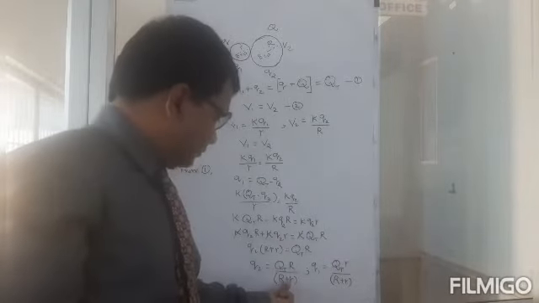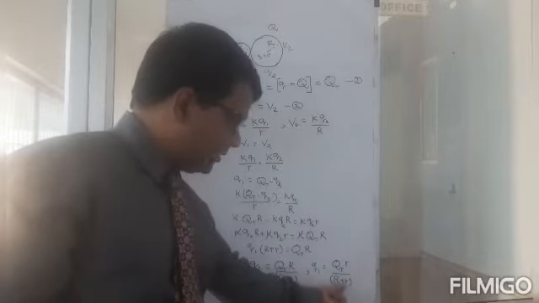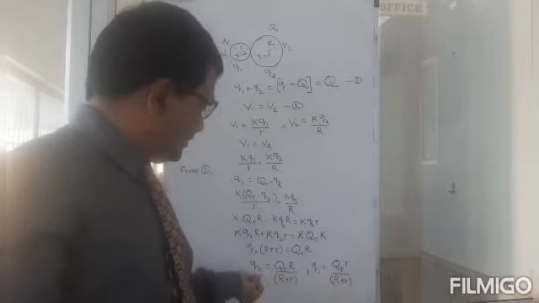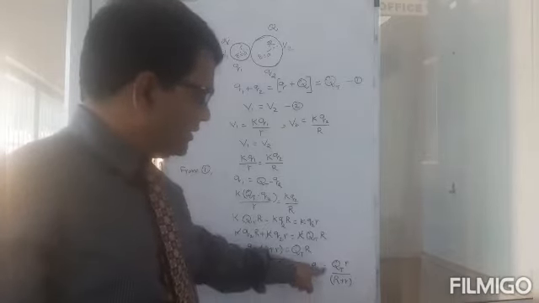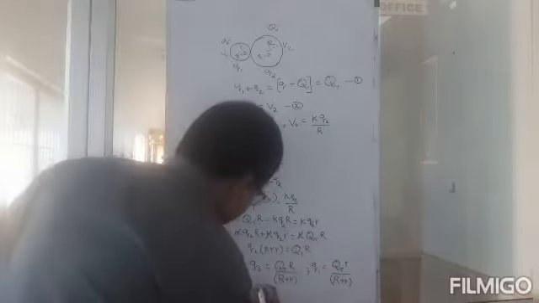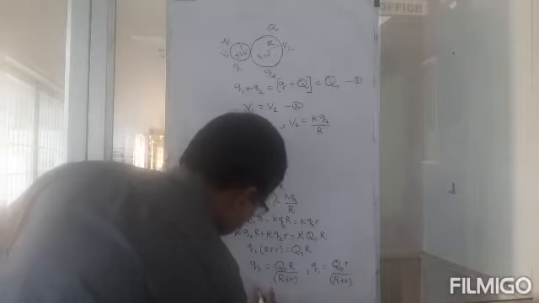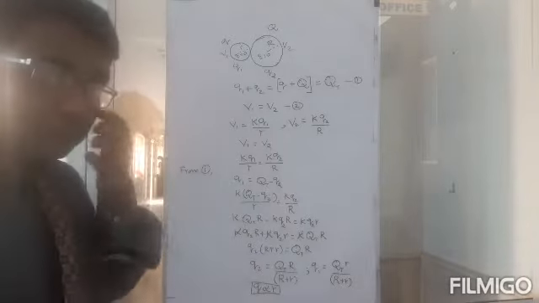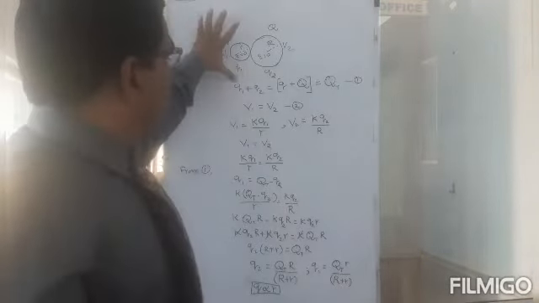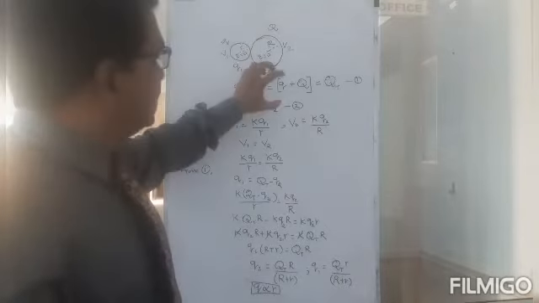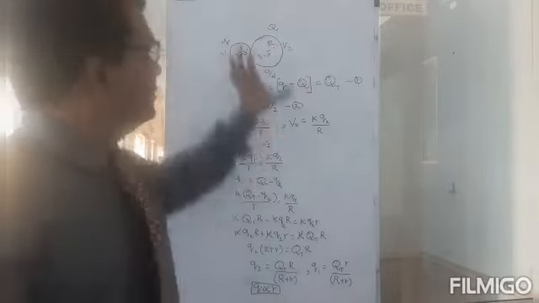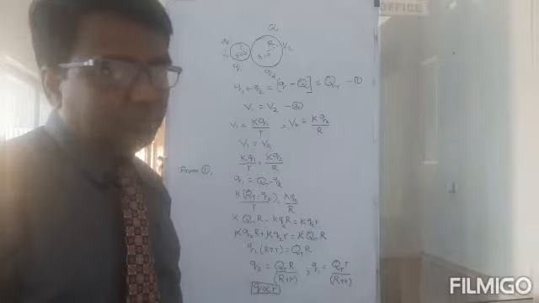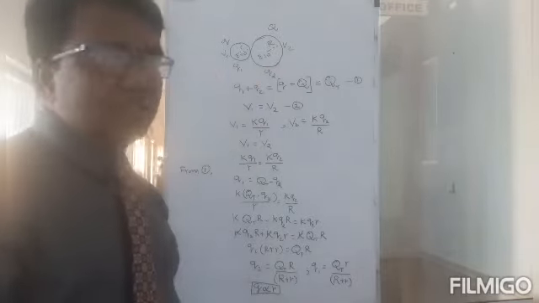Qt is the same, R plus r is the same. So notice that the charge each sphere gets is proportional to its radius. So the smaller the sphere, the smaller the charge on it, and the bigger the sphere, the bigger the charge on it. This is how the charge will be distributed.